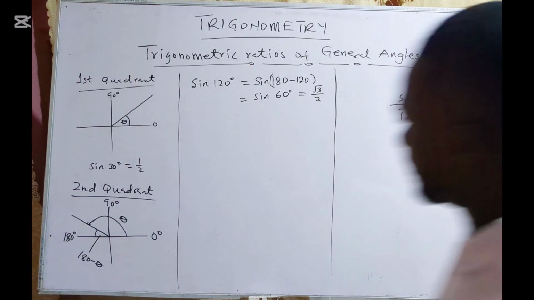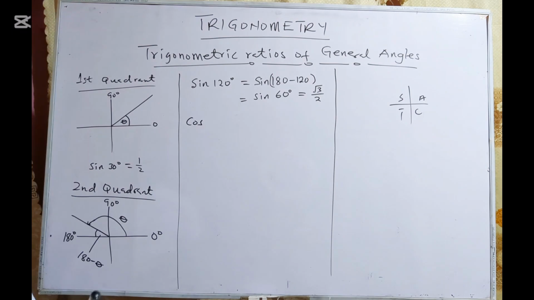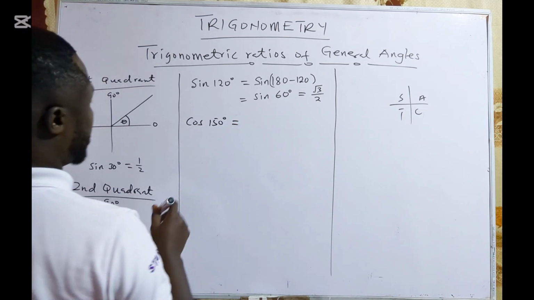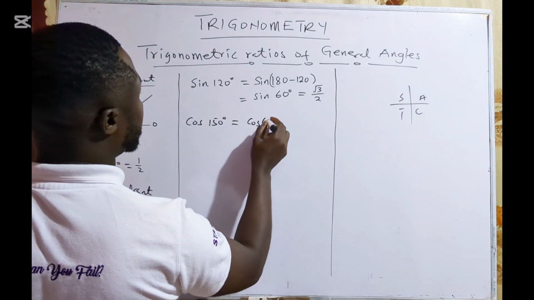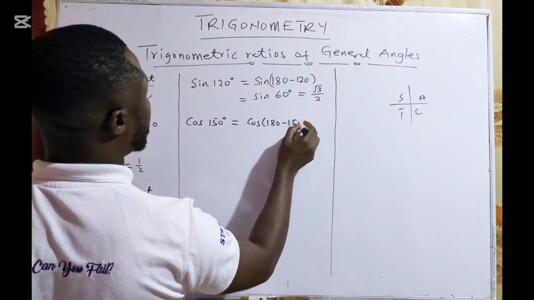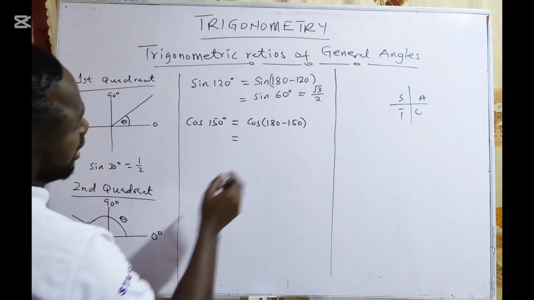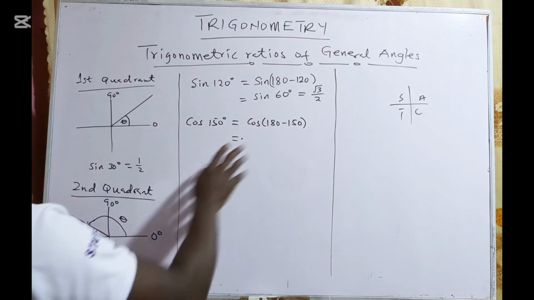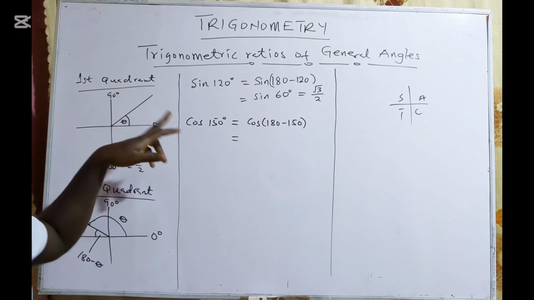Another example. Let me go to cos 150. Then 150 is in the second quadrant, so that will be cos of 180 minus 150. And what is 180 minus 150? That is 30. What trigonometric ratio am I using here?